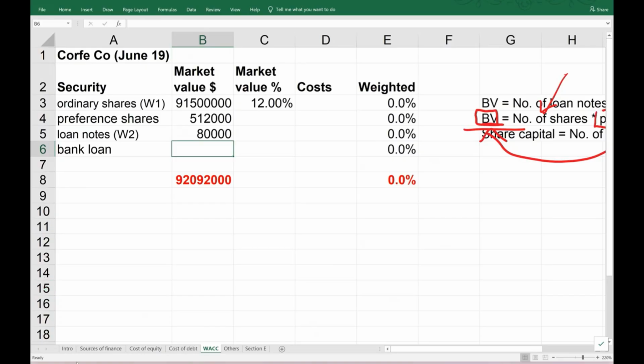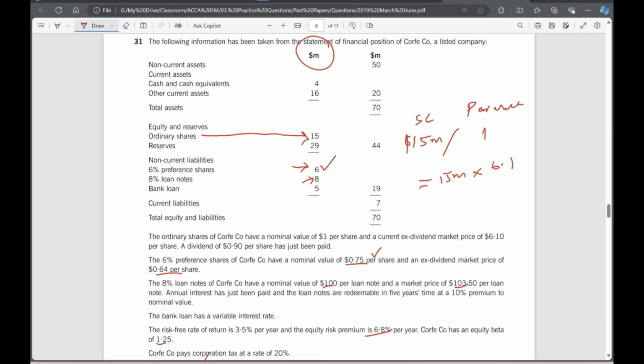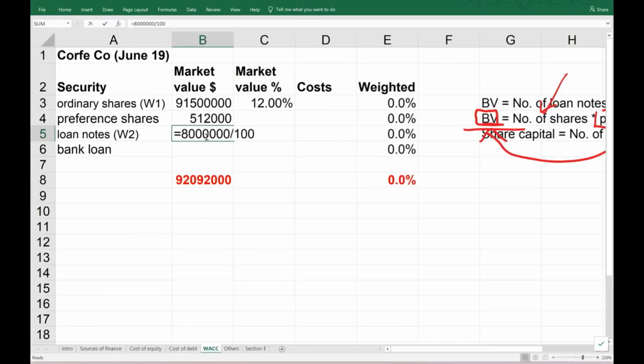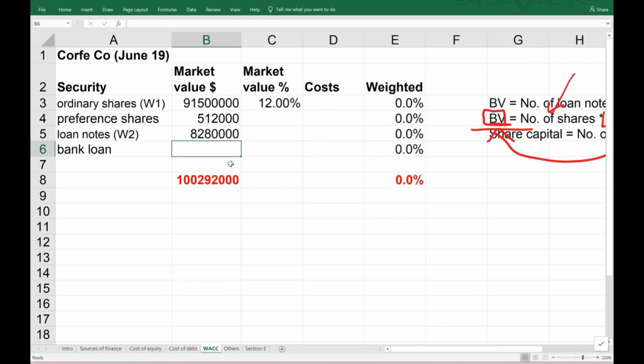That means you have 80,000 loan notes multiplied by market value of 103.5. In preference shares, 6 zeros. No, sorry, my bad. Yeah, no, it's there.